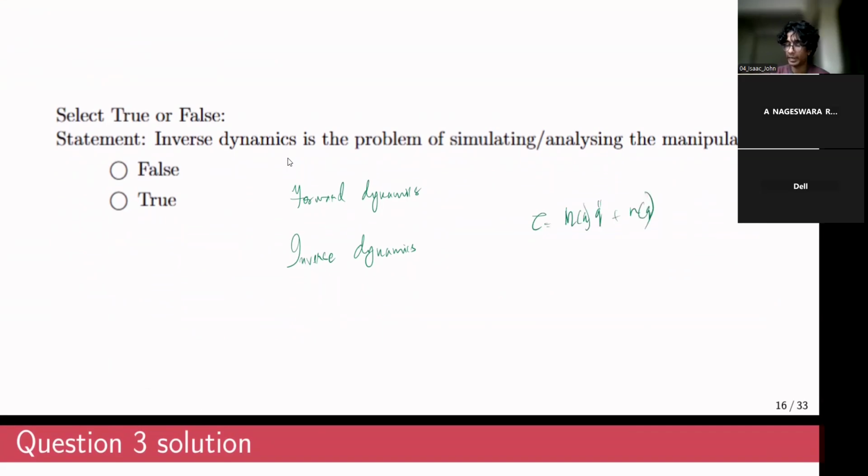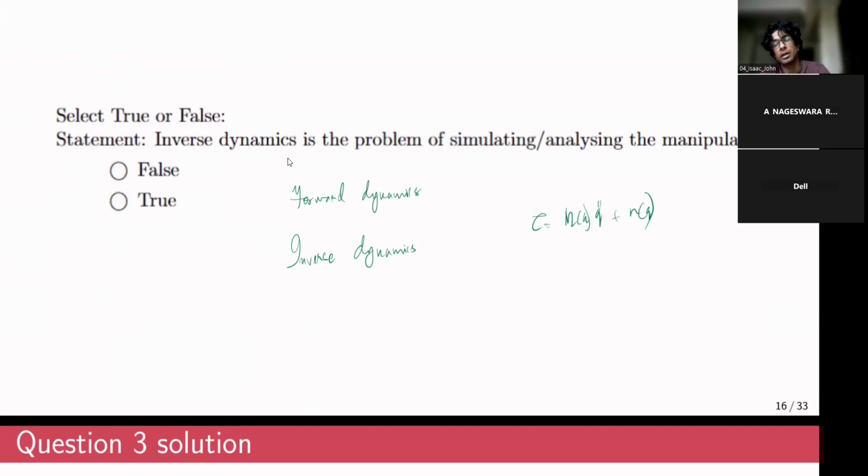In the case of forward dynamics, we supply the torque and then obtain q double dot and see how the system reacts. The input torques are provided by the user, and we see how the system reacts to the input torque and the external effects. So forward dynamics, in essence, is like a simulation.